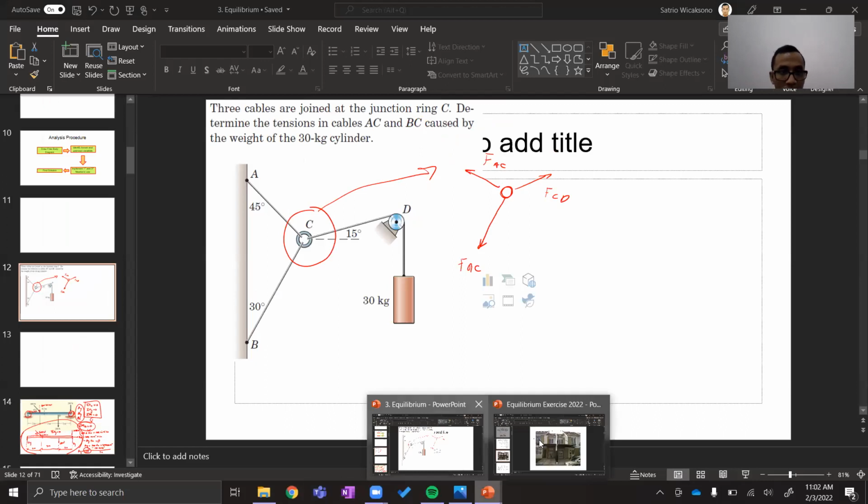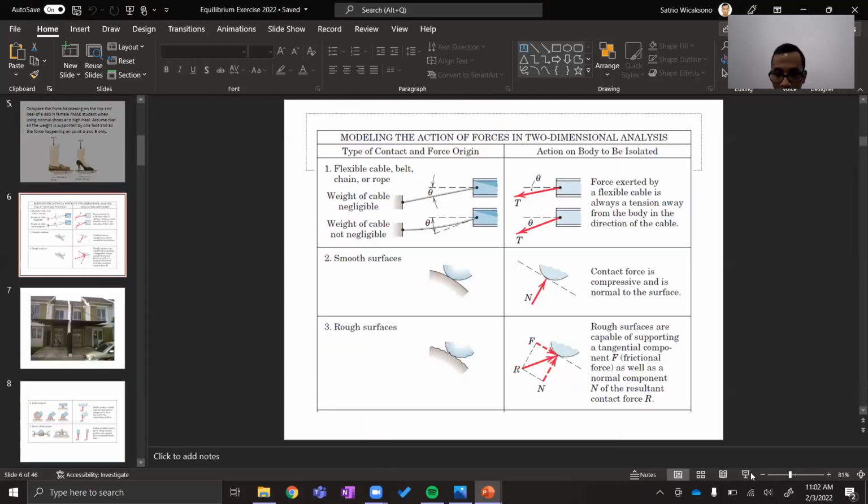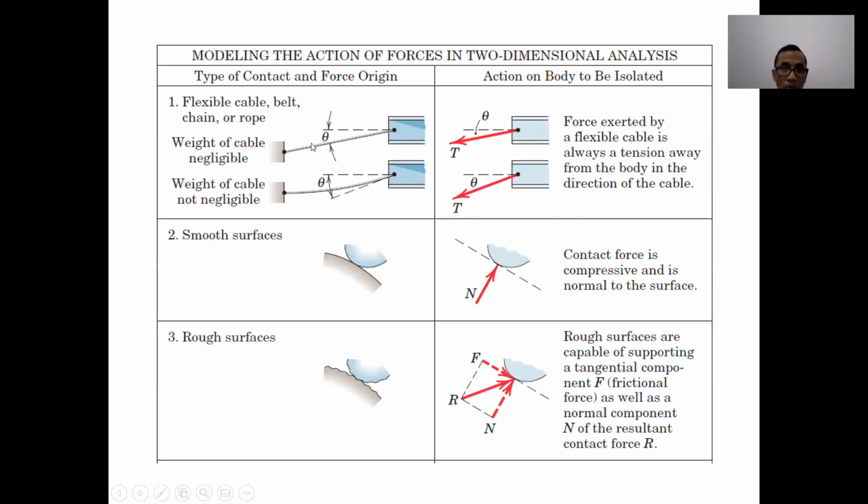So that's the first thing that you're supposed to know: drawing the cable. If we have a beam and a wall here, and the cable is connecting the wall with the beam and the cable is straight like that, then what you're supposed to draw is the force representing the cable.